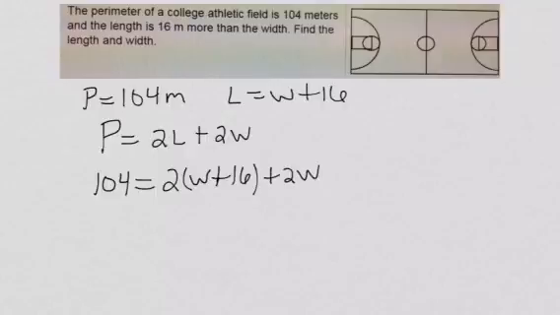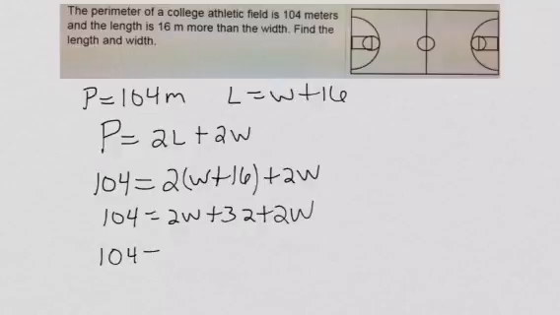Now we distribute that 2 through, so that's 104 equals 2W plus 32 plus 2W. Combine like terms, so that's 104 equals 4W plus 32. Subtract 32 now from both sides.